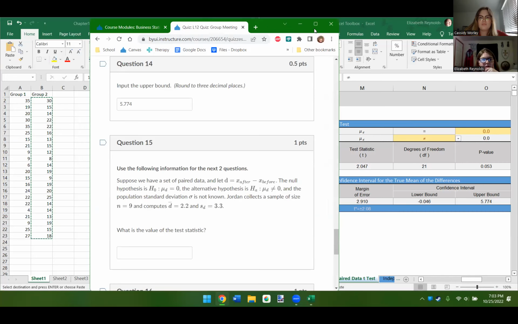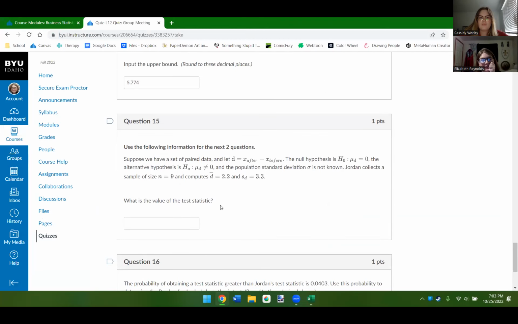Let me just make this full screen again, so I'm not looking at the other numbers as well. So we've set paired data, D equals X after minus X before. Null hypothesis is this, alternative hypothesis is this, population standard deviation is not known.